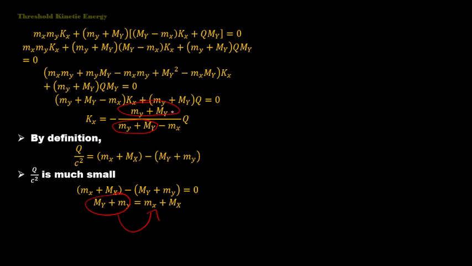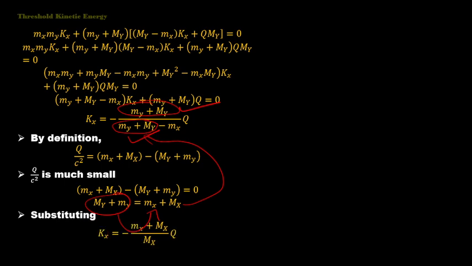So we substitute for these quantities associated with product particles by quantities associated with reacting particles using this equation. So the x quantities go in place of y quantities and we get finally this equation for the minimum kinetic energy of the projectile.